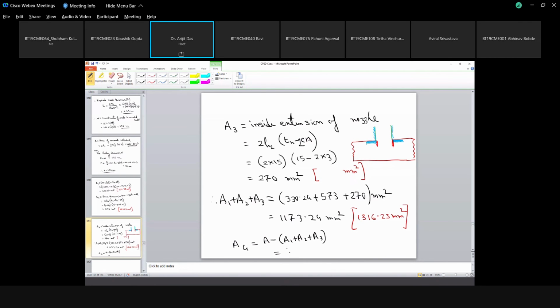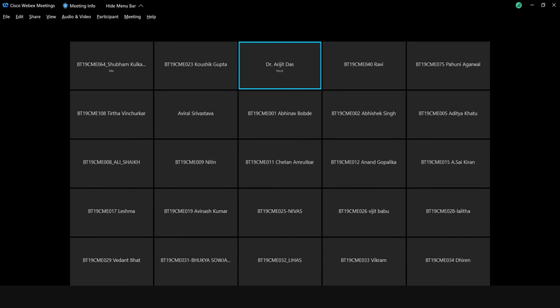So it is 4021.76 minus 1173.24 equal to 2848.